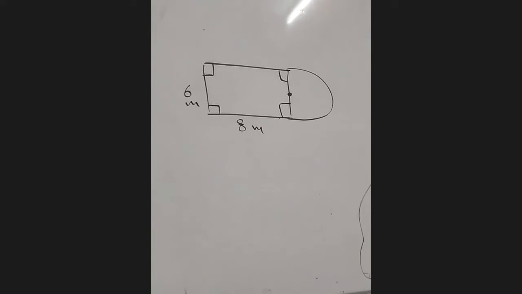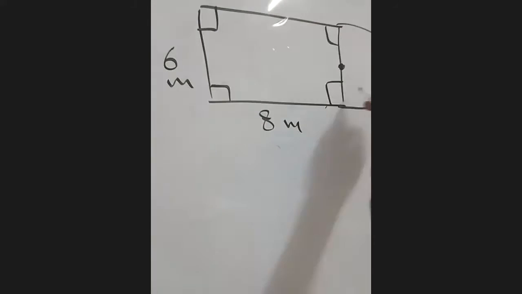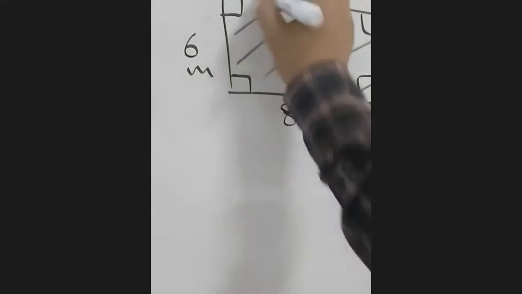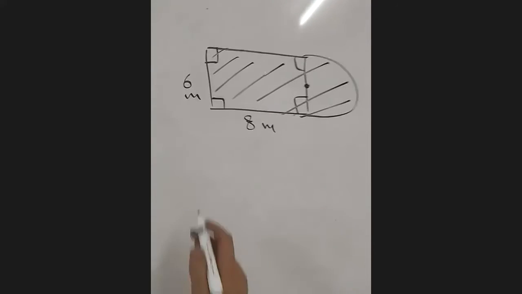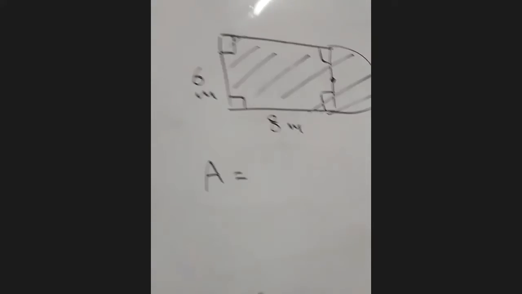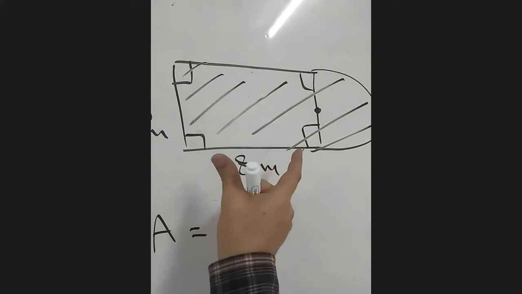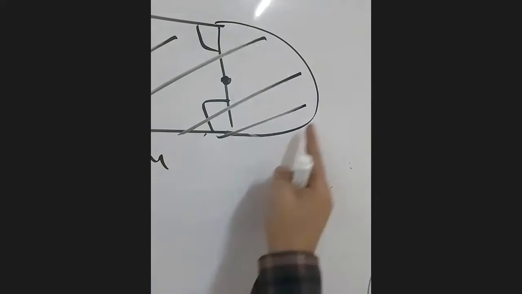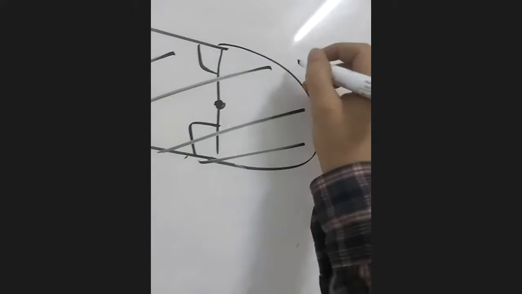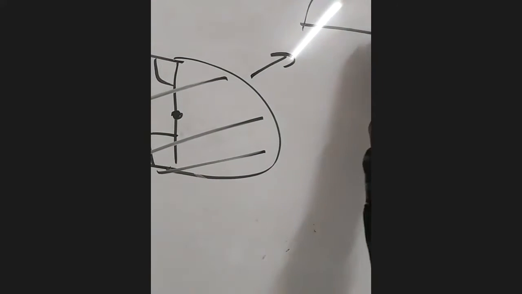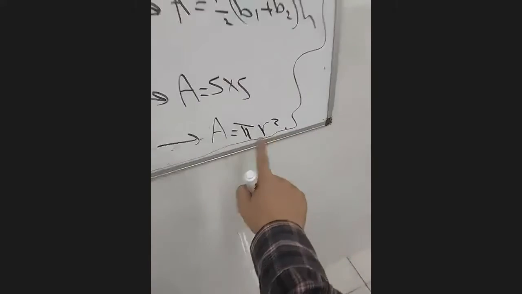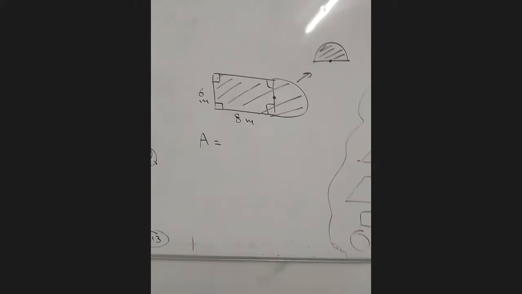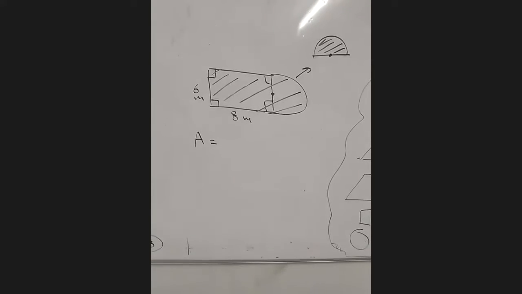Now, I want to find the whole area. The whole area has two figures. We have rectangle and we have, what's this? Semicircle. Remember the half of the circle, we use the same formula of the circle, but we will add half, because it's half circle. We did that too much before, right?